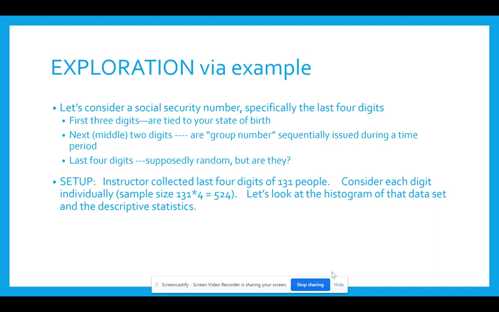I sampled 131 students, and from each one I collected 4 numbers, the last 4 digits of their social. So I have a sample size of 524. We're going to look at those 524 individual data values, and let's see what happens.